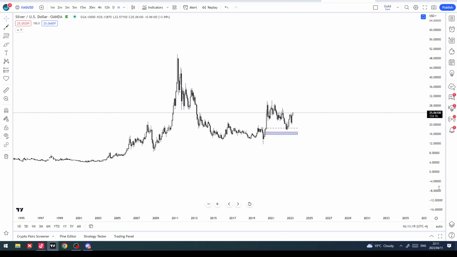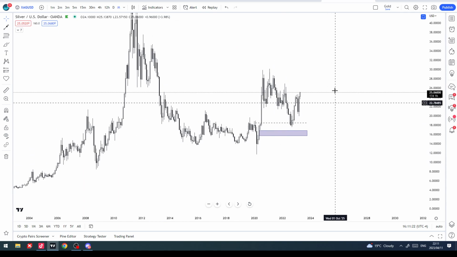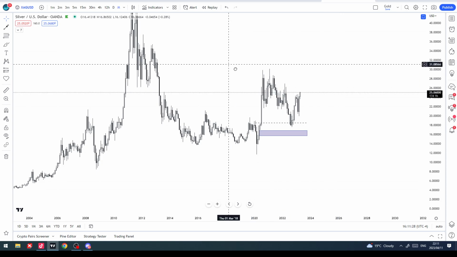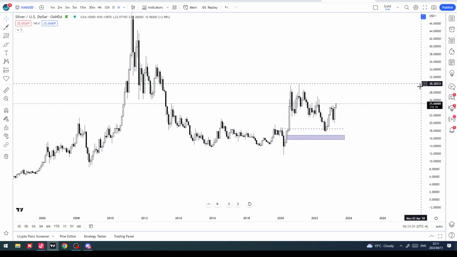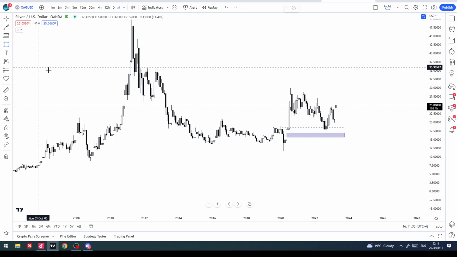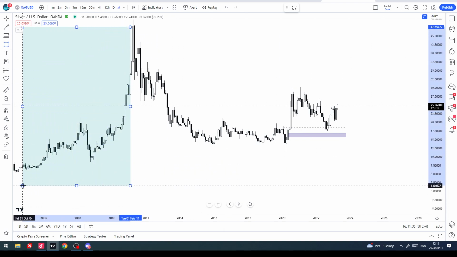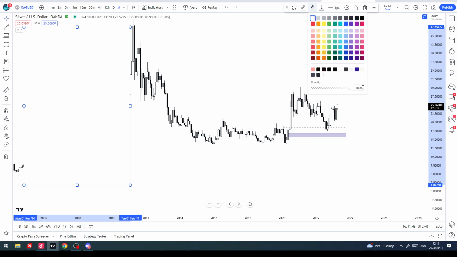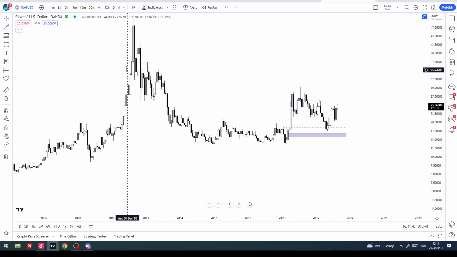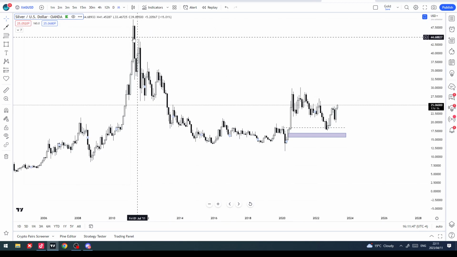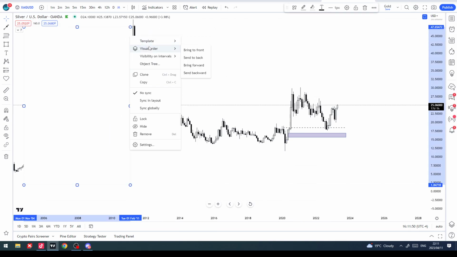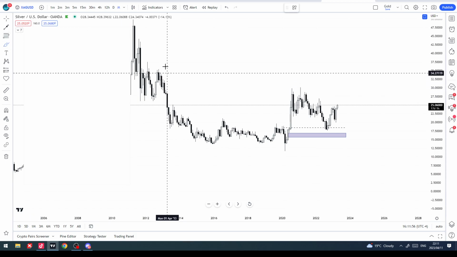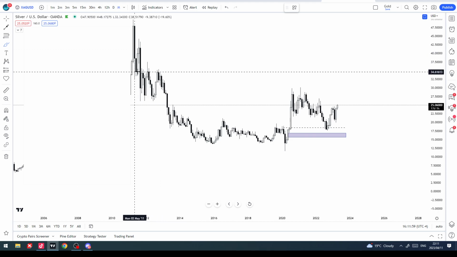Look at silver as well, right? If we ignored any of this, then most of this is all balanced, right?